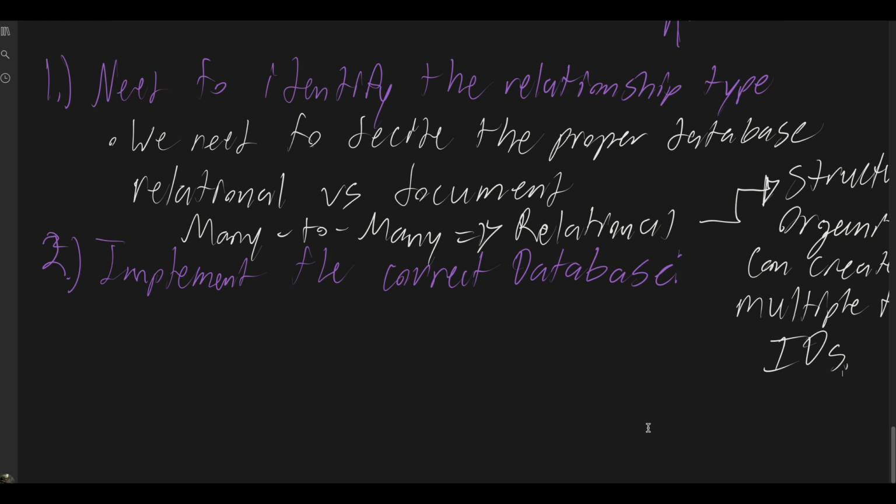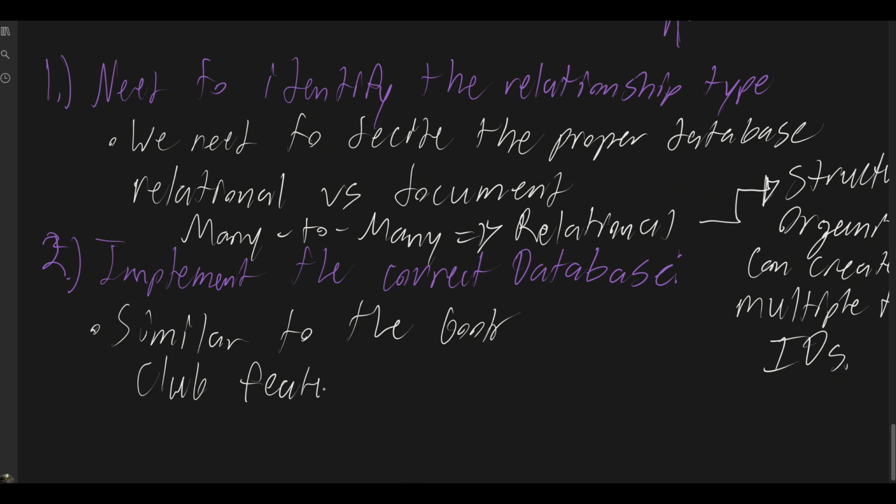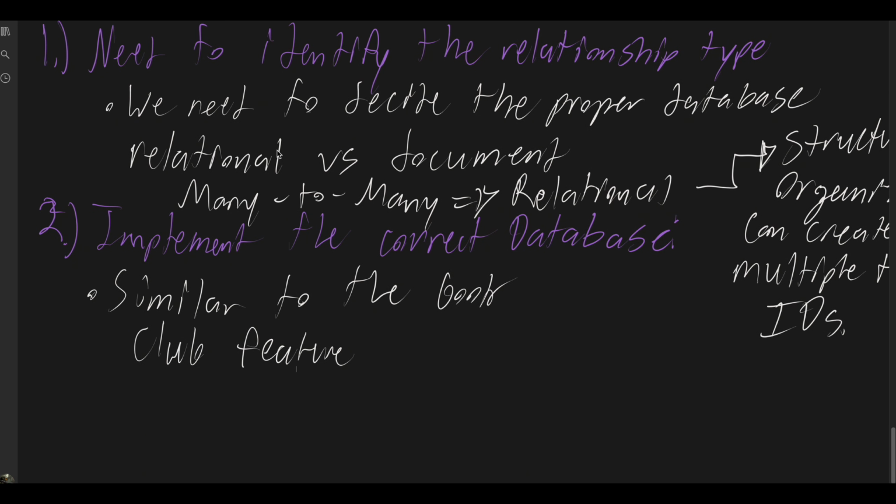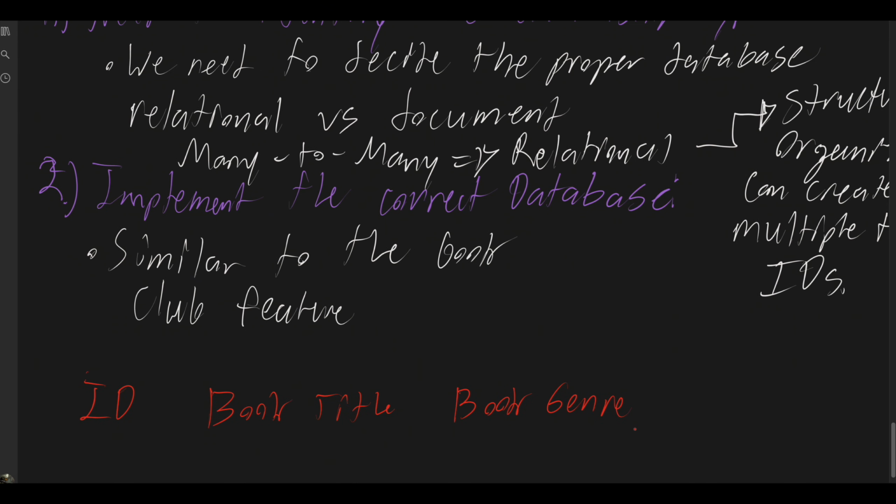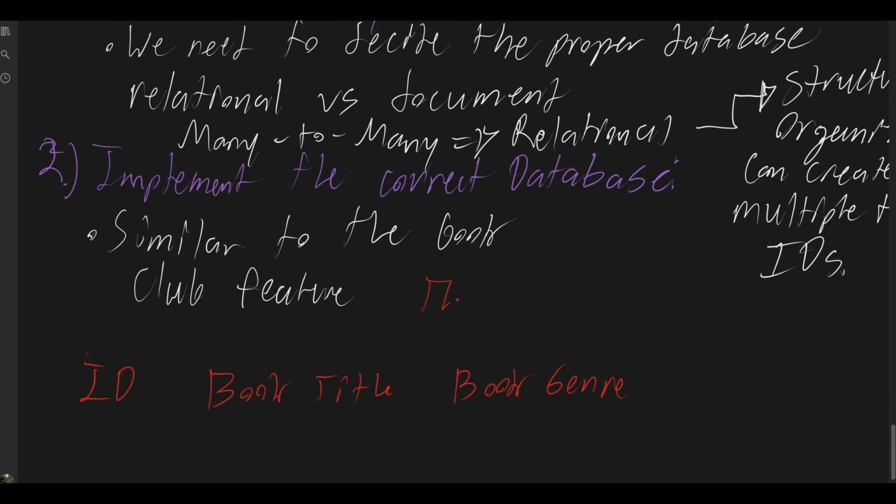And then we implement the correct database, which we already know is going to be the relational database. So similar to the book club feature, we can have the same type of table. We can have an ID, a book title, a book genre, and this table can refer to book genres.